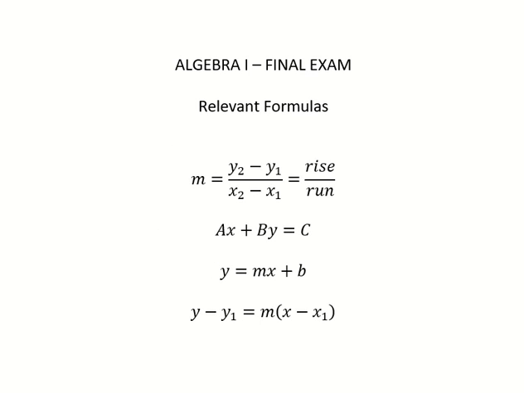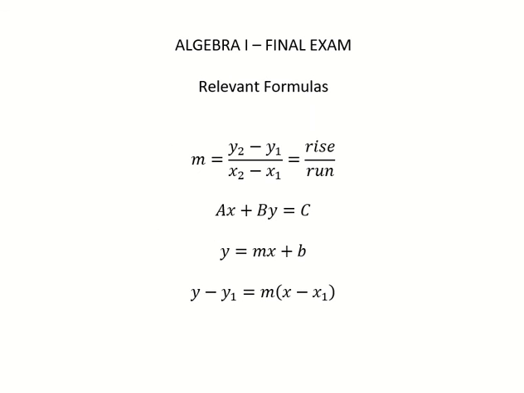So that brings us to the end of the questions on this part of the final exam. I will go ahead and quickly read through the relevant formulas listed on the back page attached to this modified version of the final. So our Algebra 1 final exam relevant formulas are m equals y2 minus y1 over x2 minus x1, which equals rise over run.